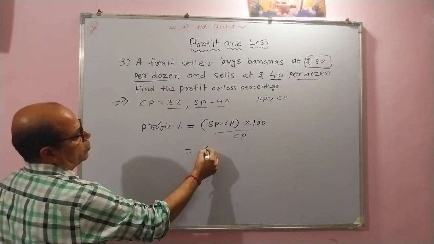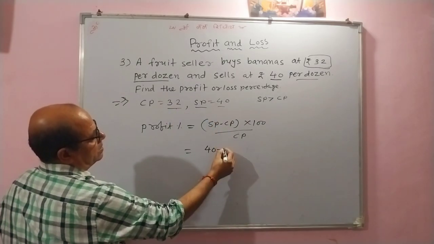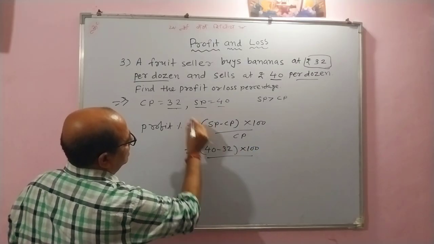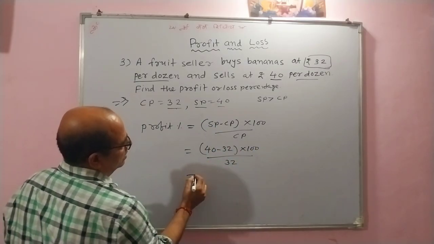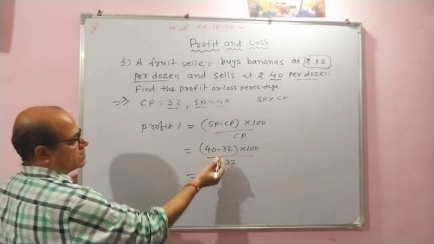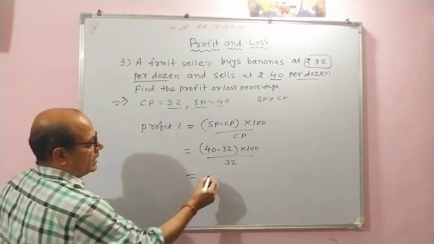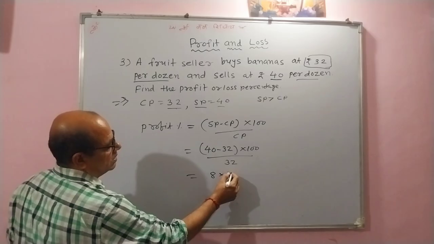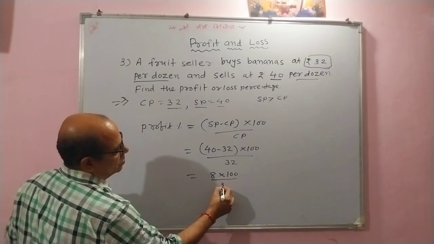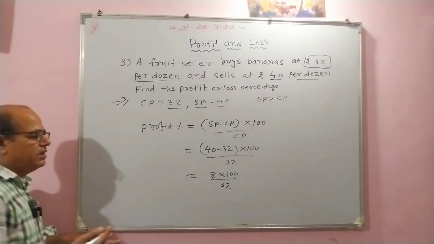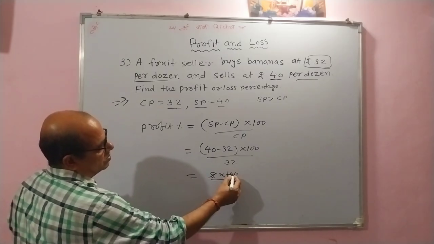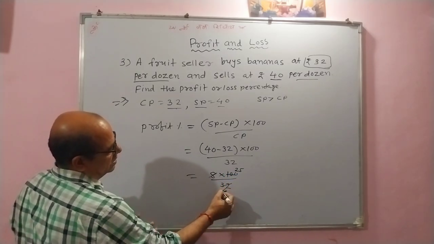Now SP is 40 minus CP 32, into 100, divided by CP, which is equal to 32. Now simple subtraction, 40 minus 32 is equal to 8. Then 100, and here 32. In 8's table 32 comes, 8 4s are 32, and in 4's table 25 4s are 100.